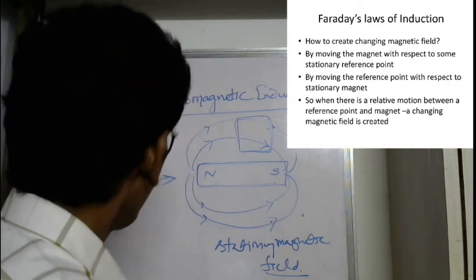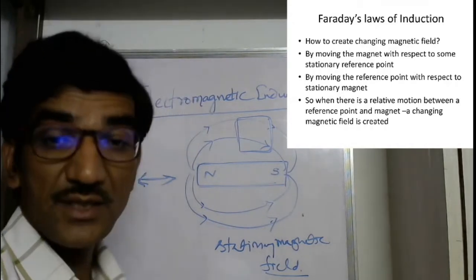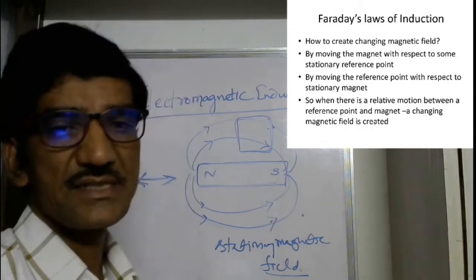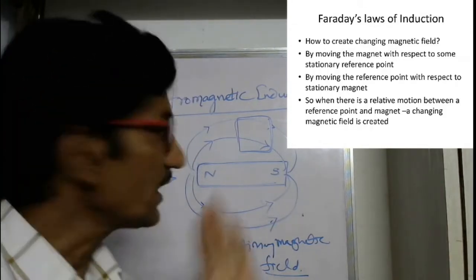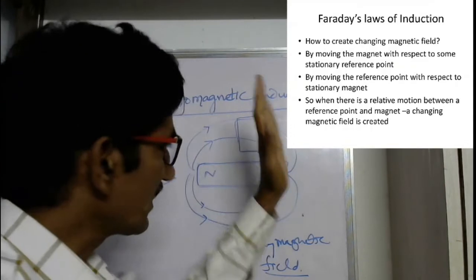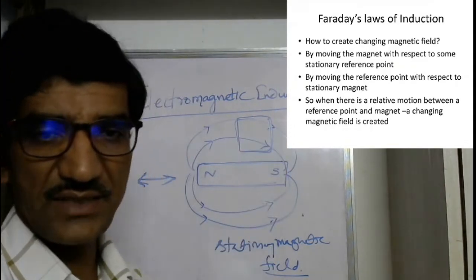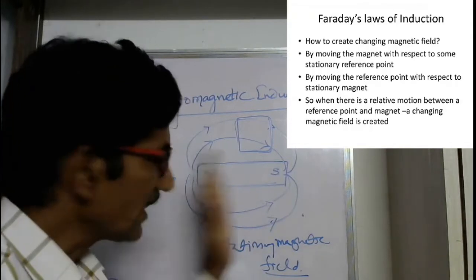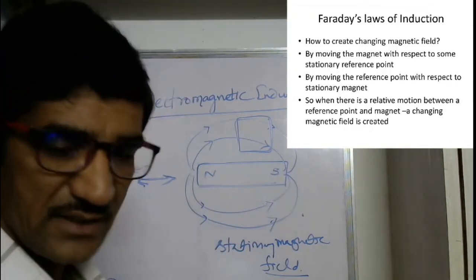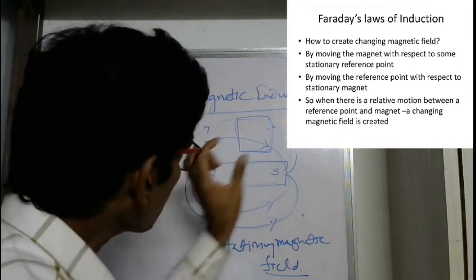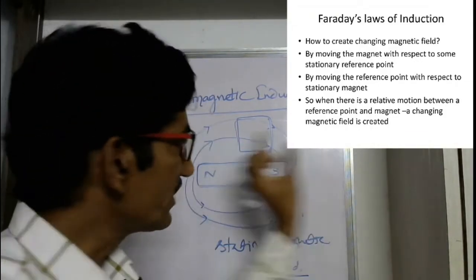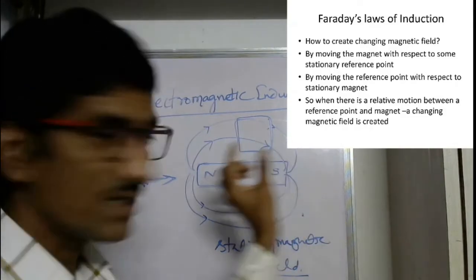Now, another way of getting the varying magnetic field is this: your area under consideration is moving while you keep the magnet as it is. Here you move the area under consideration or the reference point.